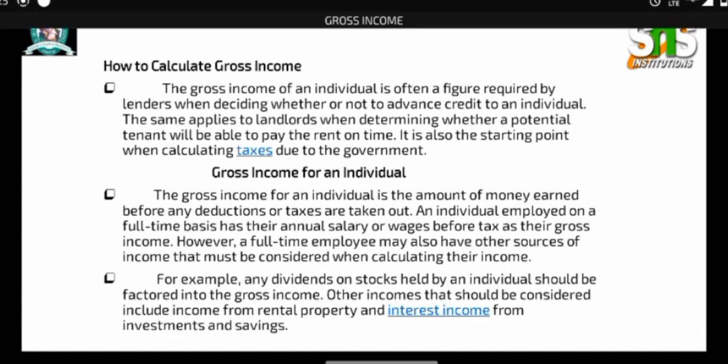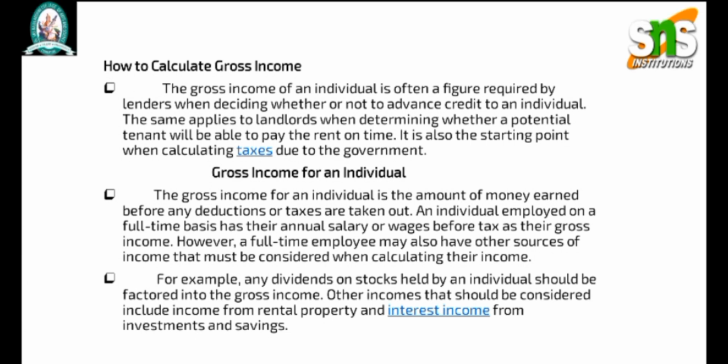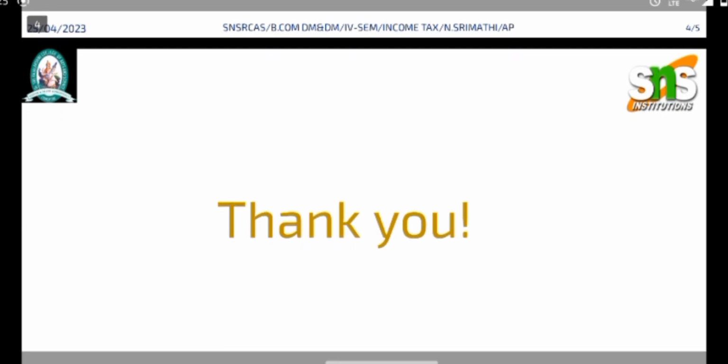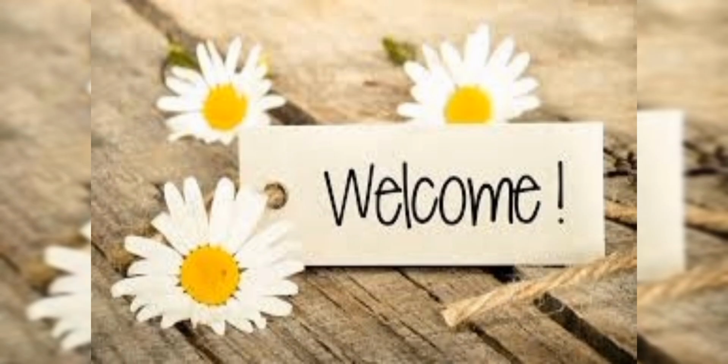However, a full-time employee may also have other sources of income that must be considered when calculating their income. For example, any investments held by an individual should be factored into gross income. Other income should be considered, including income from rental property and interest income from investments and savings.